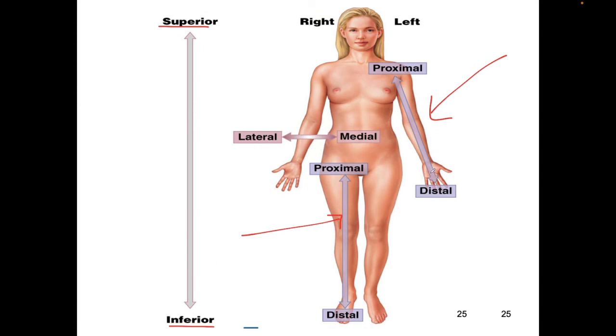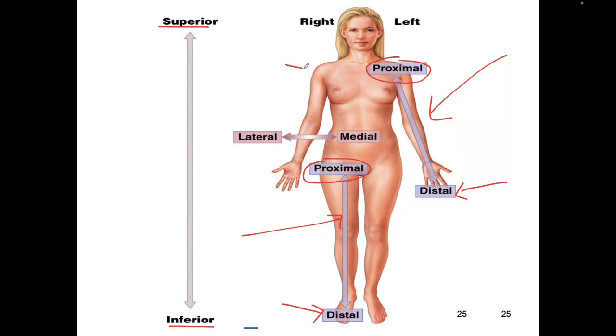We use the word proximal and distal. When we're furthest away in that limb, we use the word distal, like distant. And then when we are at the more proximal part, meaning towards the beginning of it, we say proximal.